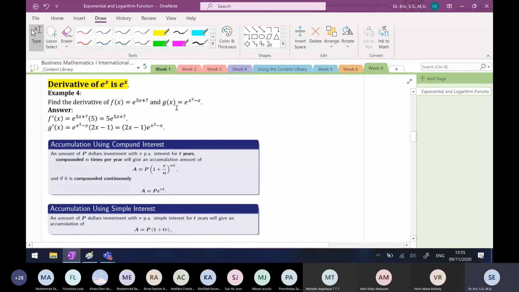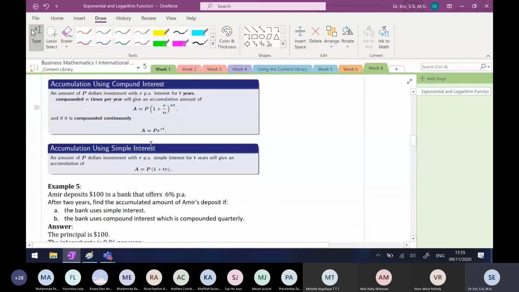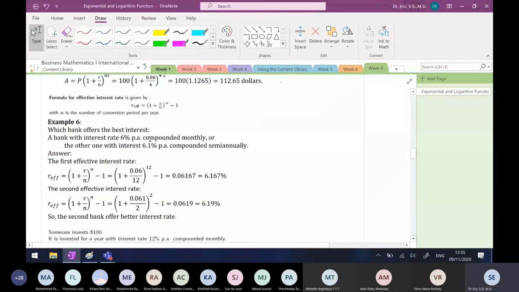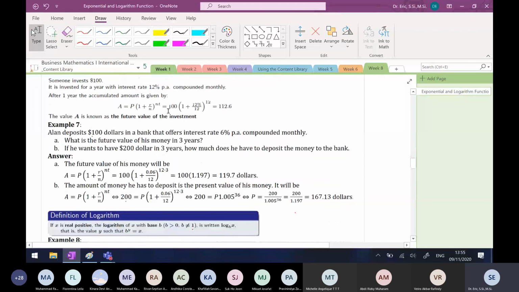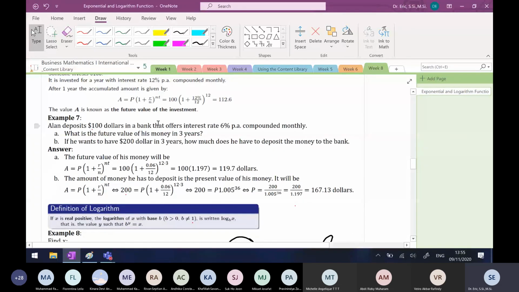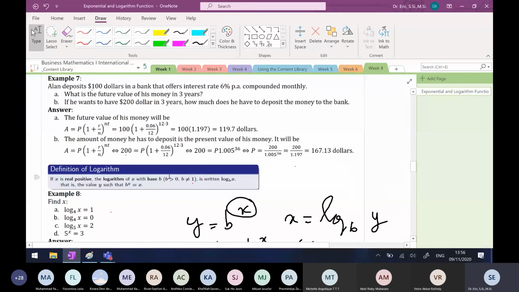The derivative is this, and the application is on compound interest: the effective interest rate, and also the future value and the present value of a deposit. And then you find the logarithm.